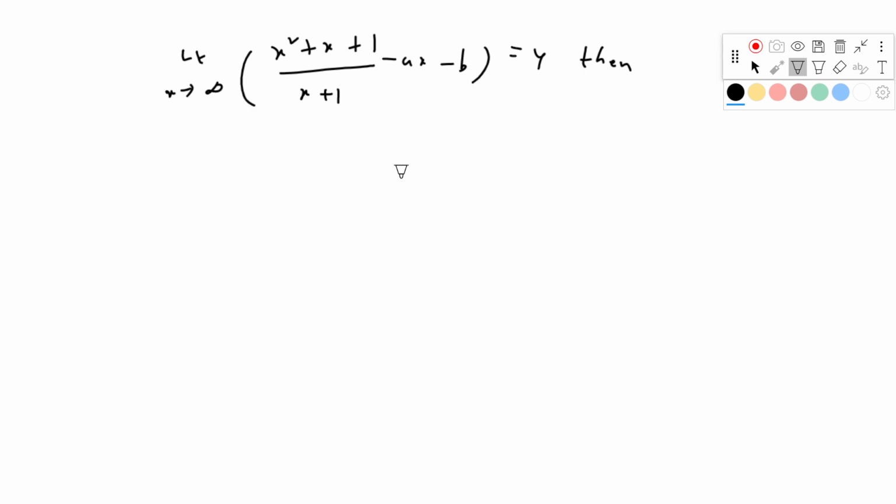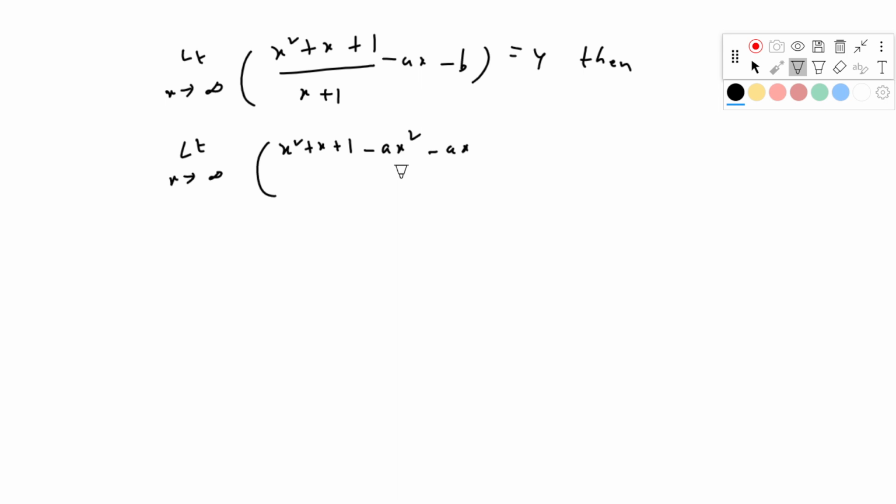First of all, the limit as x tends to infinity is given. Now what you have to do? Simple. Multiply with this. How can I write? Limit x tends to infinity, x square plus x plus 1, then x plus 1 into minus ax, that means minus ax square minus ax.